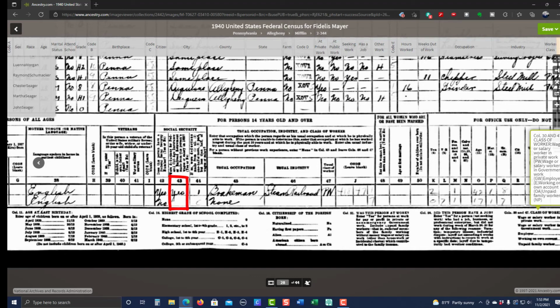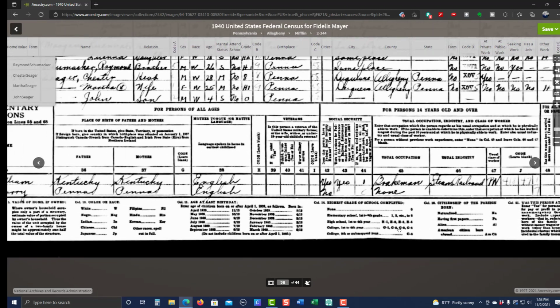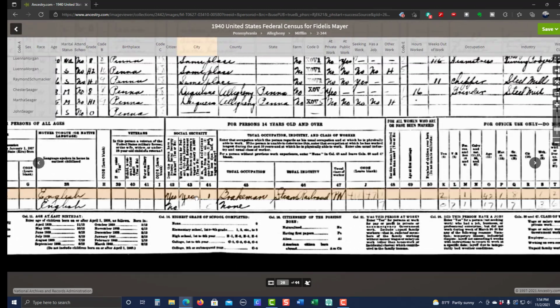So in column 43, they ask, were deductions for federal old age insurance or railroad retirement from this person's wages or salary in 1939? Did they deduct any of that money in 1939? Yes or no? In this case, old William did answer yes.